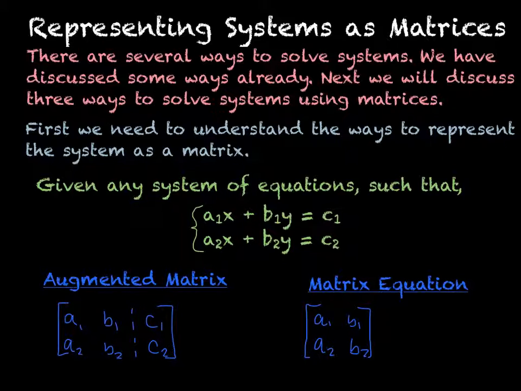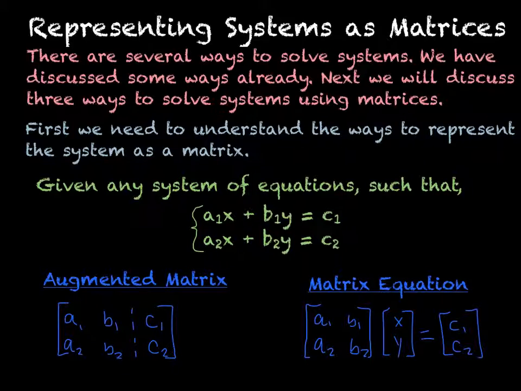So I just write the coefficients of the actual x's and y's, and then I'm going to multiply that times my variable matrix. So I'm just going to write the x and y one time, x on top, y on bottom, equals my answer matrix, c sub 1, c sub 2. So that is a matrix equation, and the other one was the augmented matrix.